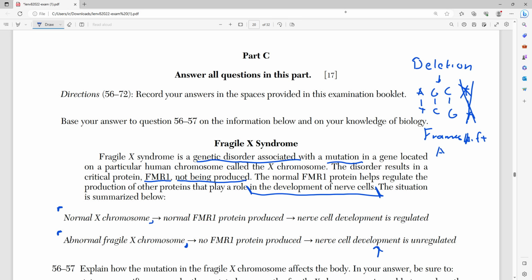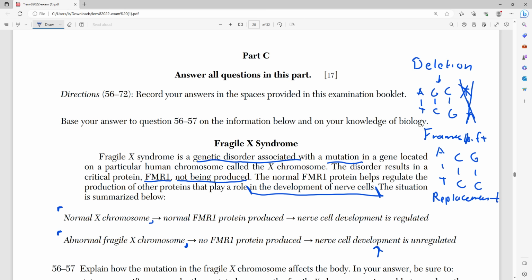Let's say that instead of reading from A to T, something goes wrong, and we now start reading from C to G, and now we're missing an entire pair of bases. That's a frame shift mutation, and then we also have a replacement.